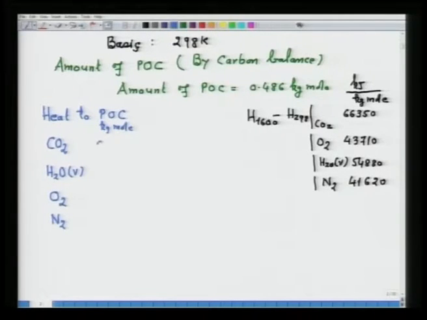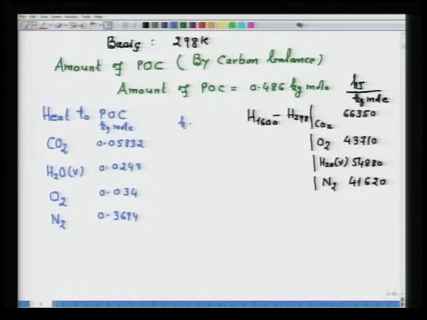So, CO2 will be 0.05832, H2O vapor 0.0243, O2 is 0.034, and nitrogen is 0.3694.